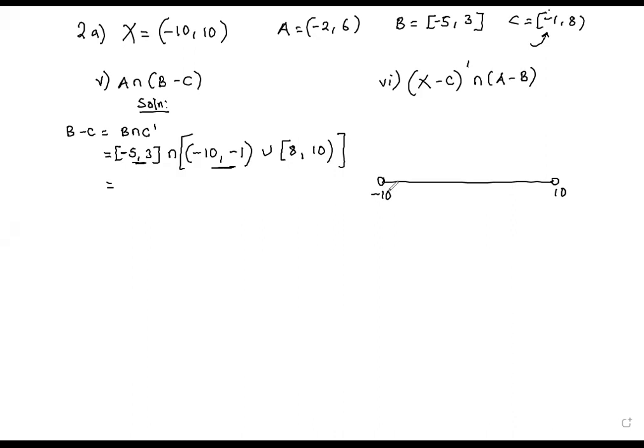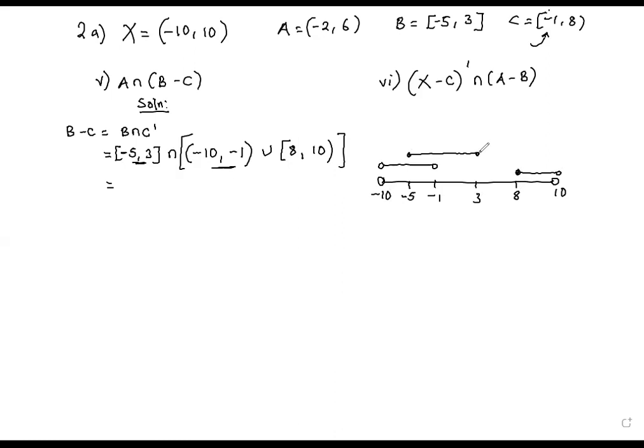So now, let's get the intersection. So we have negative 10 to negative 1 for the complement. We also have 8 closed to 10. Then we bring in negative 5 to 3, included and included like that.